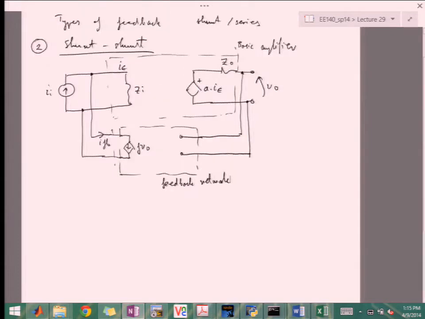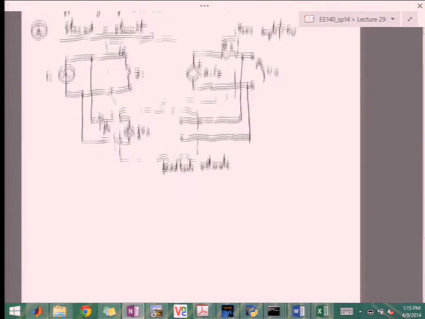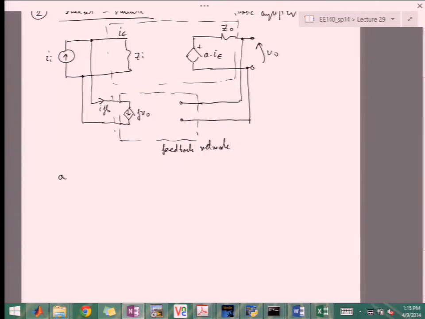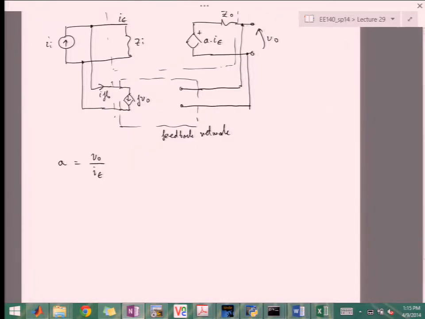Okay, so now, the same way we did before, we can write out the equation for this. A equals V out over I E, simply because there's no current flowing through Z naught, because there's an open circuit at VO as well as here. So A is then a transresistance.